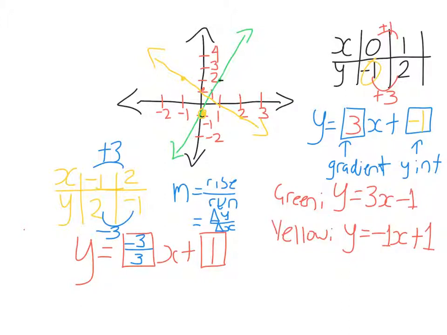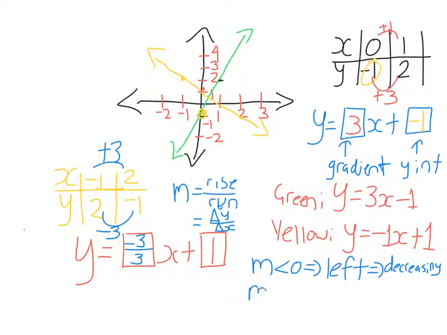So I just want you to note here, if the gradient, which is m, is negative, that means the line will lean to the left. See, the yellow one is leaning to the left, the green is leaning to the right. And that means that it's decreasing. That means when x increases, y decreases.